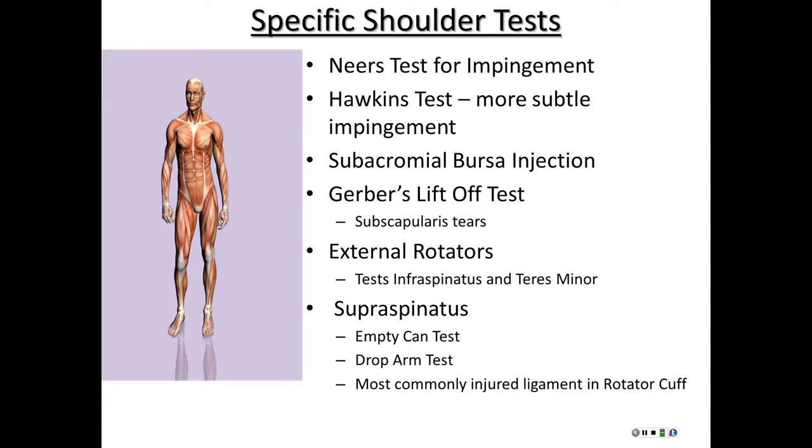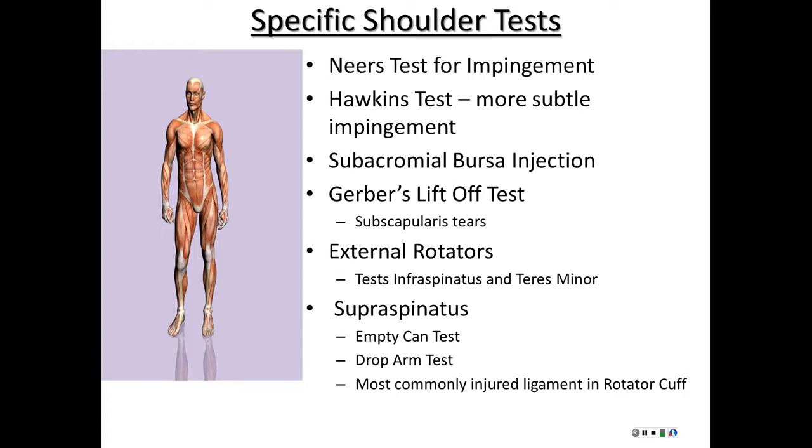I called it the beer can test, but it's where you have your arms straight out from your shoulders, extended, and you act like you are rotating a can up or rotating a can down.